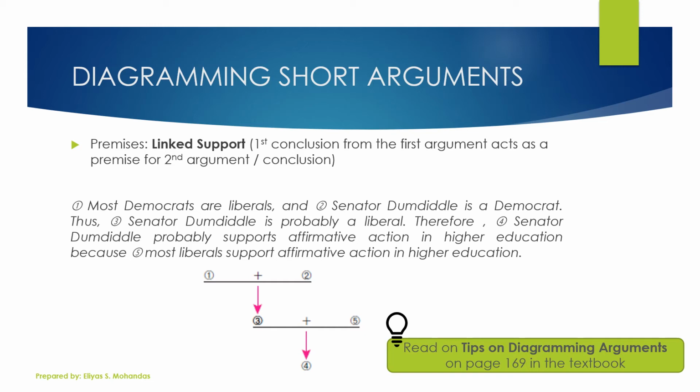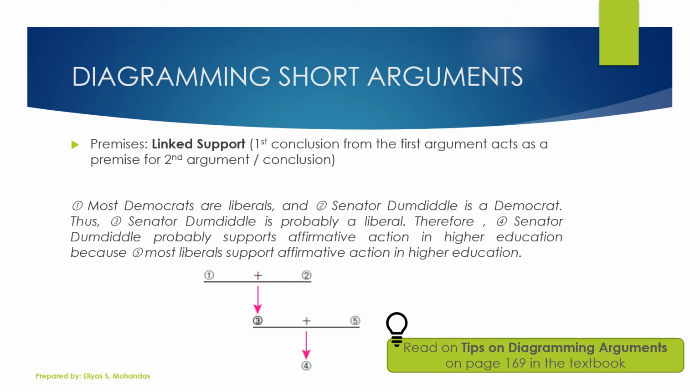If you analyze this excerpt properly, you realize there are basically 2 arguments mentioned in this one excerpt. The first one talks about the senator being a Democrat, and the second one talks about the senator's stand in terms of higher education or affirmative action in higher education.